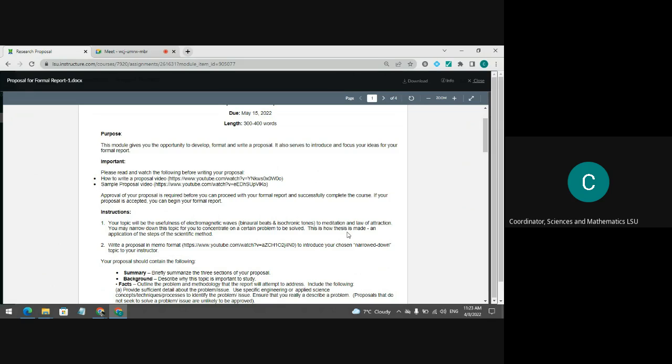Meditation and law of attraction have been proven to ease people's stress. It is actually mind conditioning of the brain waves, and this is done using binaural beats and isochronic tones, which are electromagnetic waves.